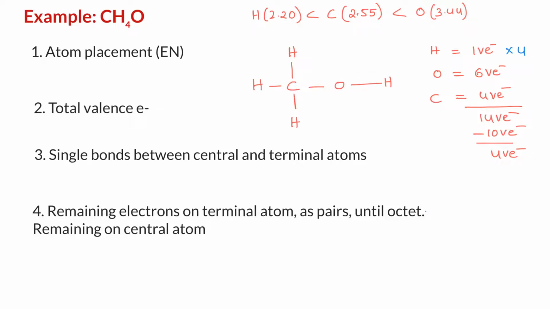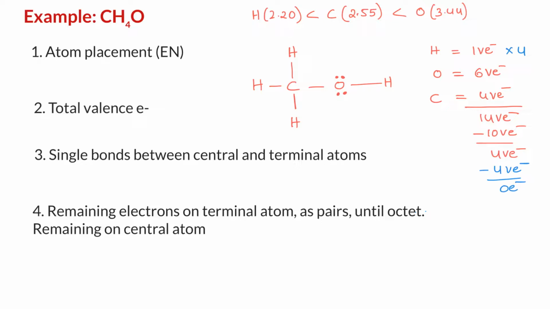Oxygen has 2 bonds, that means 4 electrons overall. Therefore, it is short of 4 electrons, which is exactly what I have. So I am going to place these 4 electrons as 2 electron pairs on oxygen. Now the oxygen atom has an octet electronic configuration, and we have used up all the valence electrons.